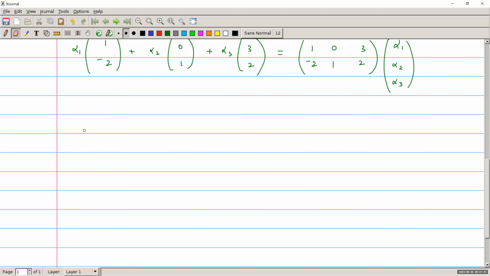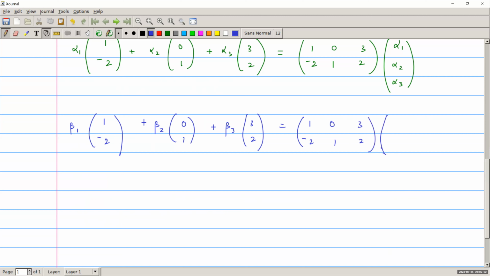I'll write it in a different color. 1 minus 2 plus beta 2, 0, 1 plus... This could be another linear combination. I don't want to write out 2 equations like this. It's a lot of work.